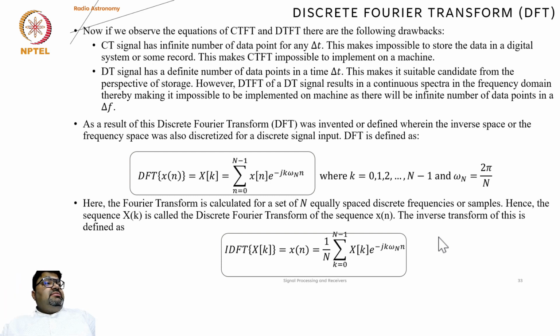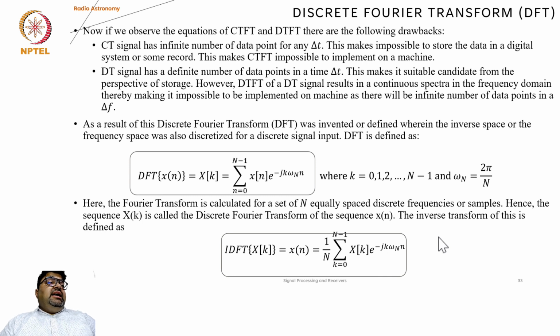Discrete Fourier transform. Now, if we observe the equations of CTFT and DTFT, that is continuous time Fourier transform and discrete time Fourier transform, the continuous time signal has an infinite number of data points for any delta t. This makes it impossible to store data in a digital system or some record. This makes CTFT impossible to implement on a machine.